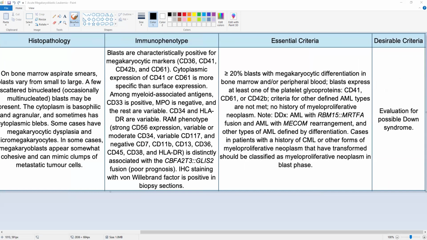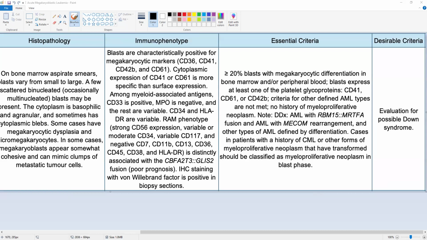As for the immunophenotype, these blasts are characteristically positive for megakaryocytic markers, including CD36, CD41, CD42b, and CD61. CD36 is not specific at all. Cytoplasmic expression of CD41 and CD61 is more specific than surface expression.